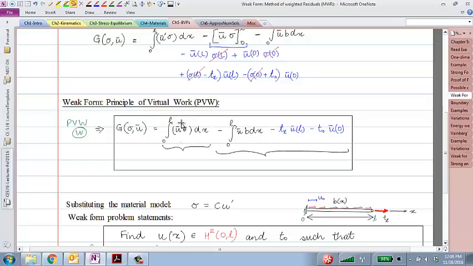So u bar prime would be virtual strain. Okay, so I'm going to call e bar equal to u bar prime, and this is virtual strain. And I'm going to call this term here WI, internal virtual work.